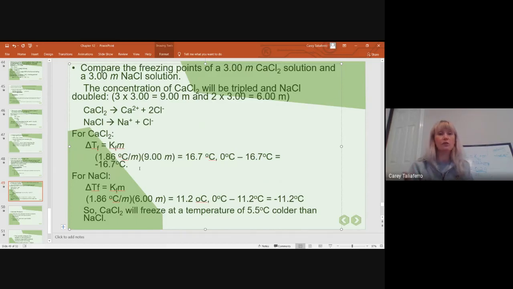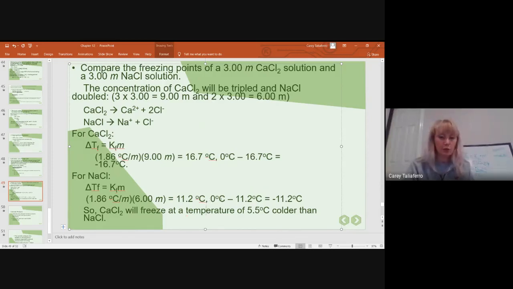Now, this is the type of salts they would use to put on roads to keep them from freezing during the winter when we're having a snow and ice storm, or to help melt the snow and ice faster. So the same thing for NaCl, except we doubled it, but we're still talking about water. So we're going to take that constant and multiply it by 6, because that's the doubled molality. And let me fix that. Okay, so when you do that multiplication, you get 11.2 degrees Celsius.